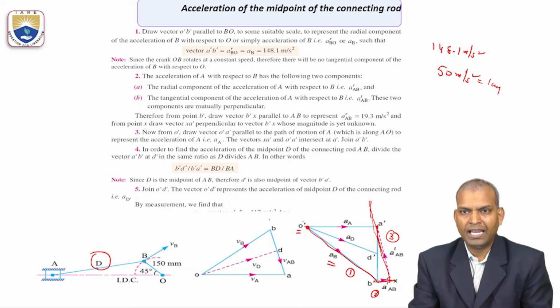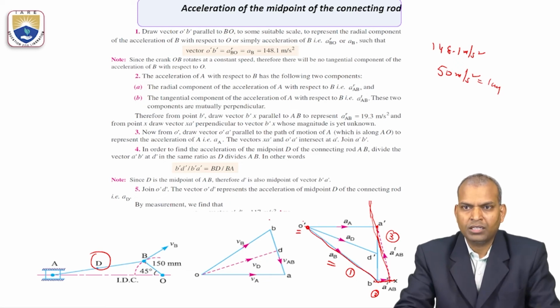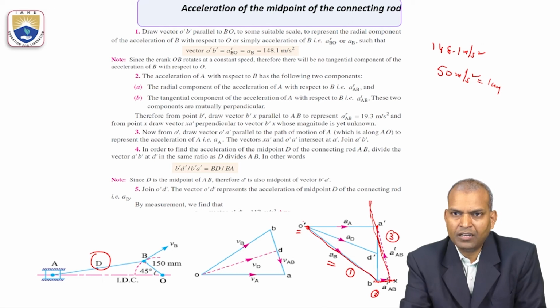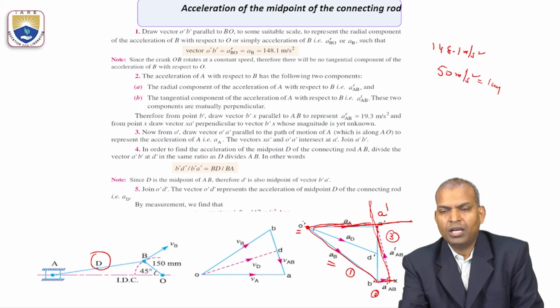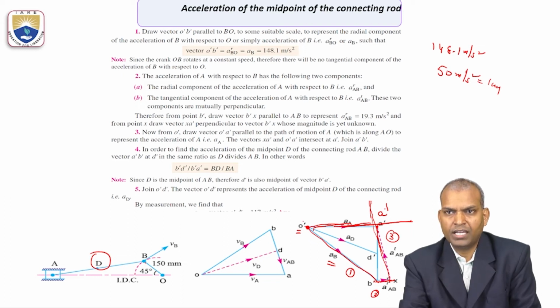From that, draw a line parallel to the motion. This intersects at point A dash. Now, O dash A dash is the tangential component.